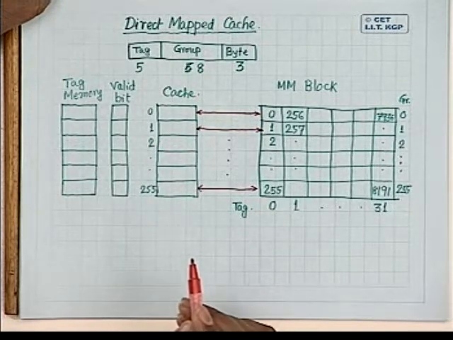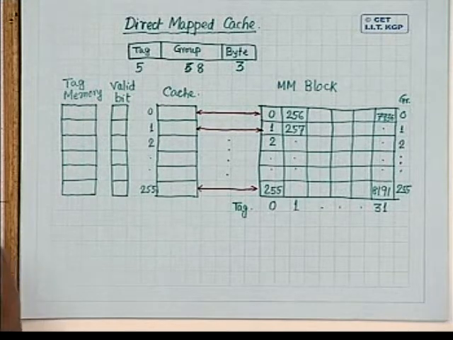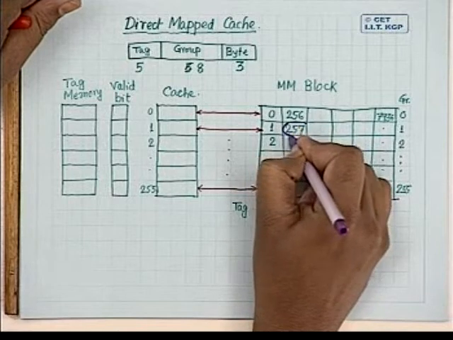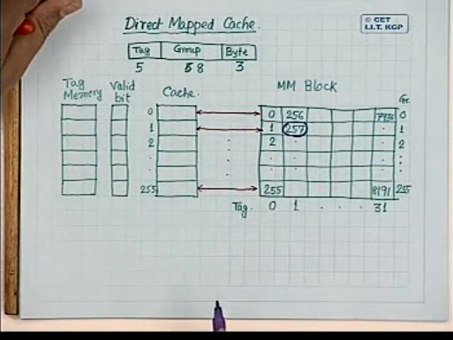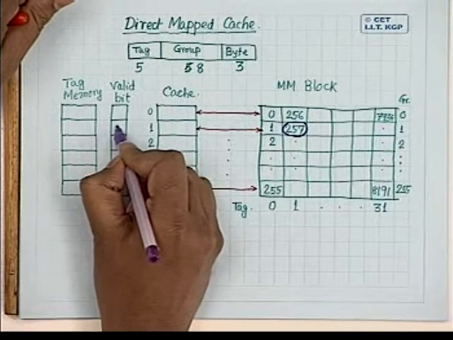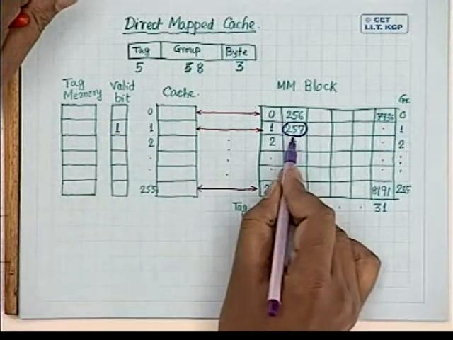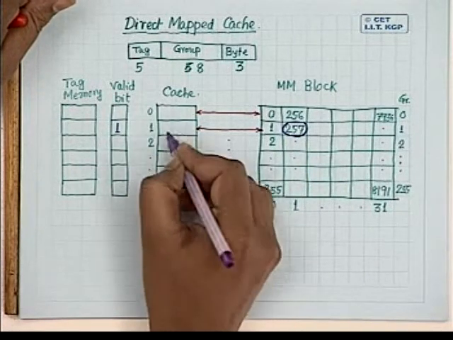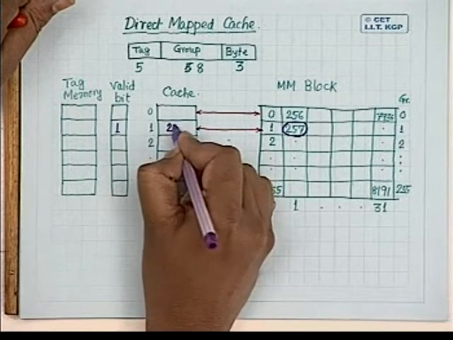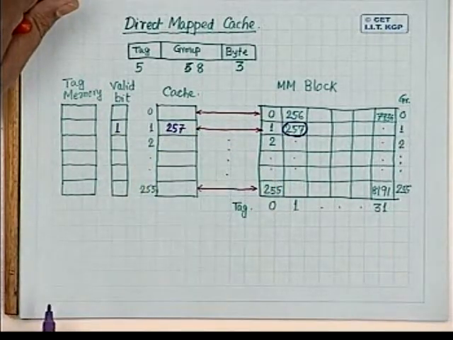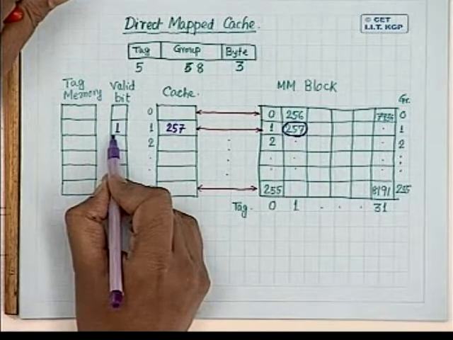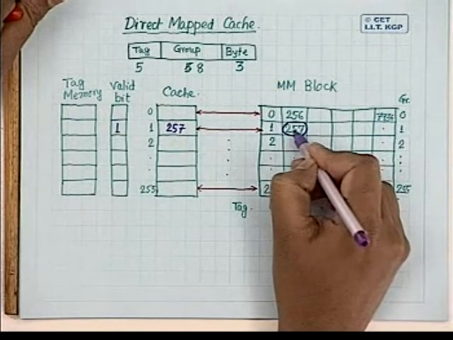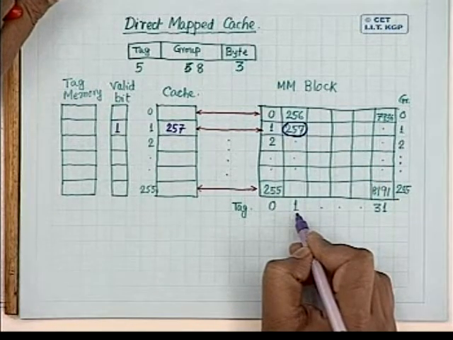Okay. So now if I assume that, say, block number 257 is placed in the cache memory. In that case, the corresponding valid bit will be equal to 1. This block 257 will come only here. Okay. So block number 257 will be contained in cache memory. The corresponding valid bit will be equal to 1, and the tag field will contain value 1, because this particular block belongs to tag number 1.